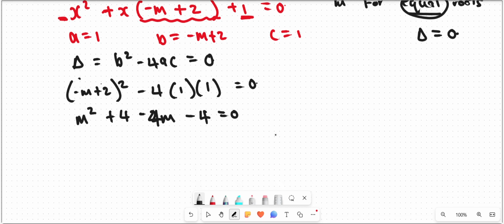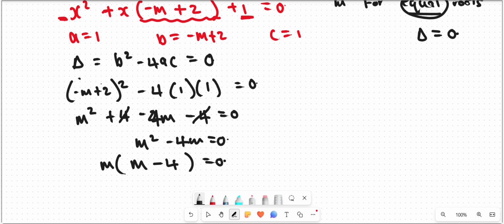And actually it's going to be a quadratic equation. So these cancel. So m squared minus 4m is equal to 0. So factor out the m: m times m minus 4 is equal to 0.